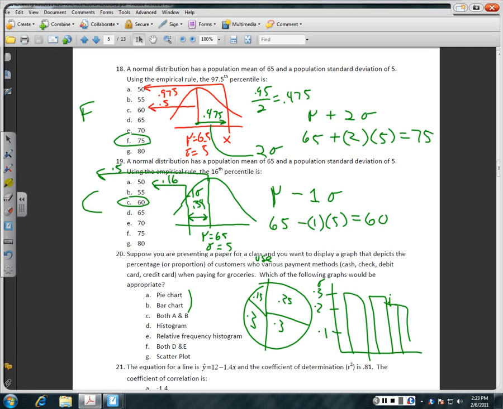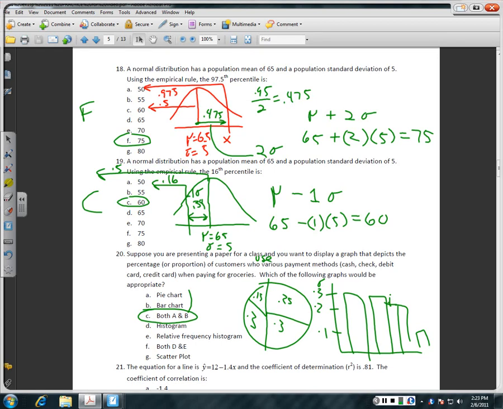Sorry about that. And then 0.15. But anyway, either one of those could be used to show the percentage or proportion. So it could be both A and C. I guess if I had said most appropriate, I would say A. But either one of those will do, although I prefer the pie chart.